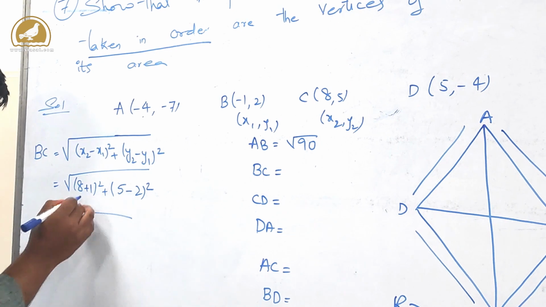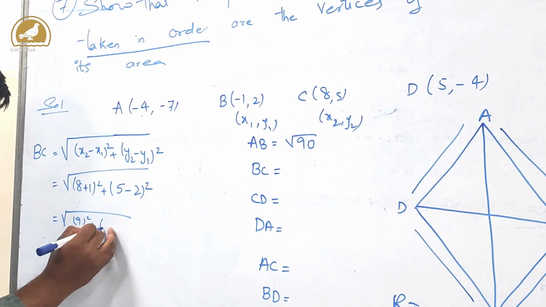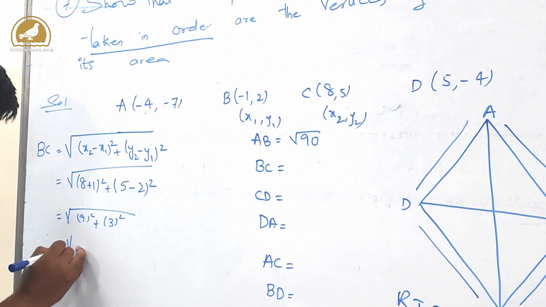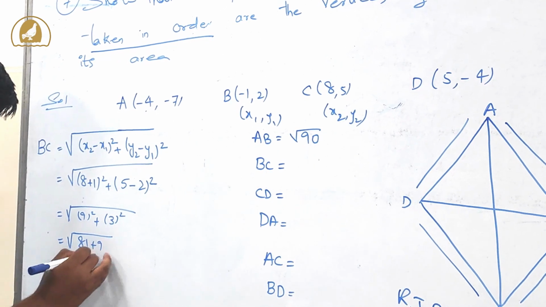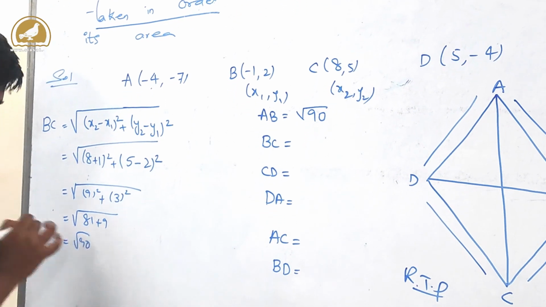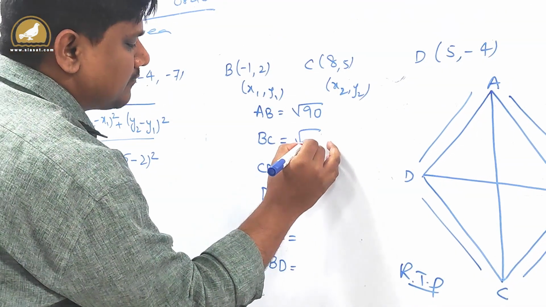This is 9 square plus 3 square. 81 plus 9, that is root 90.